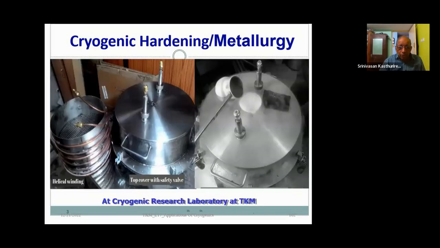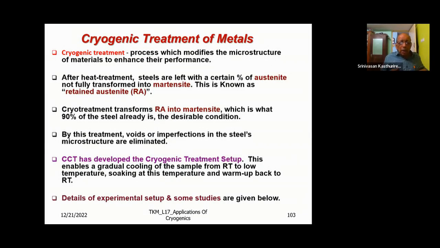Well, this is a research laboratory at TKM, the cryogenic research laboratory, and the experimental setup is shown here. Now, the cryogenic treatment of metals is one important area which is normally helpful. If you take normal steel, during the fabrication process the austenite does not get fully transformed to martensite.